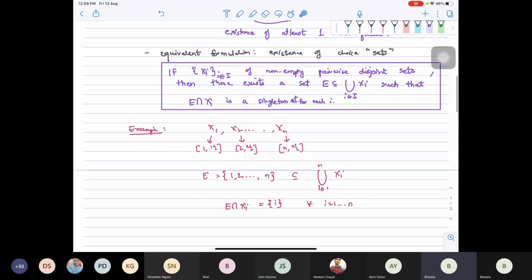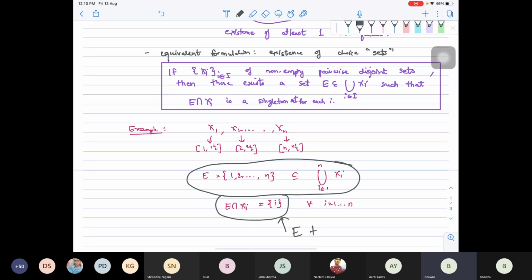So the axiom of choice is just an assertion of the same thing you are doing in the finite case, the same type of existence of a choice set. I'll call this E, such that E is contained in the union of xi with E intersection xi a singleton, a choice set.